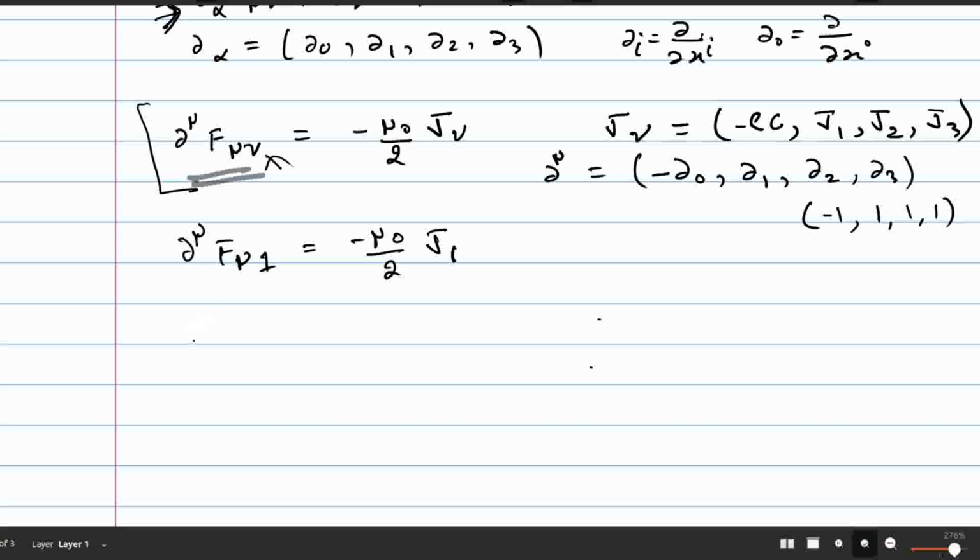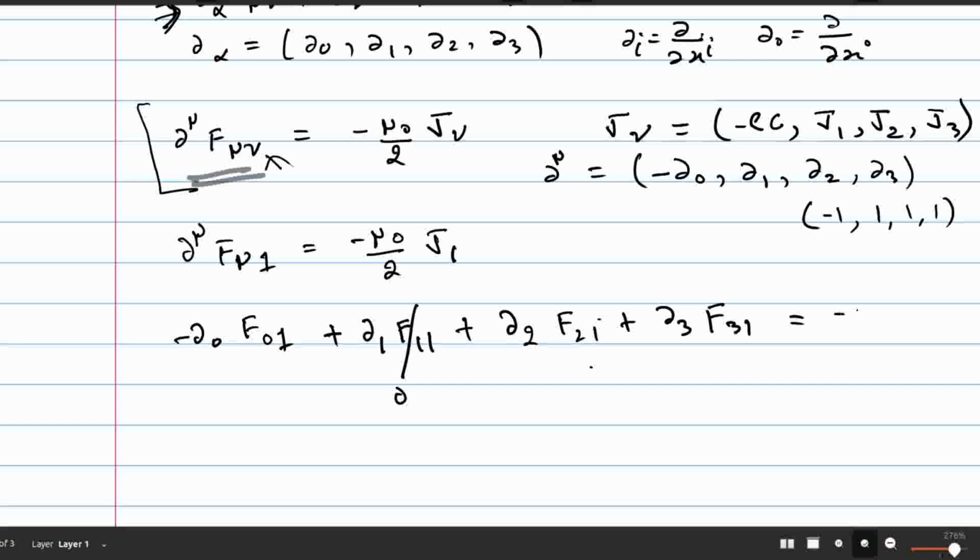Now del upper 0 is minus del lower 0, F01, plus del upper 1 is del lower 1, F11, but this is equal to 0, so this does not contribute. Del 2 F21 plus del 3 F31, and this is minus mu 0 by 2 j1.